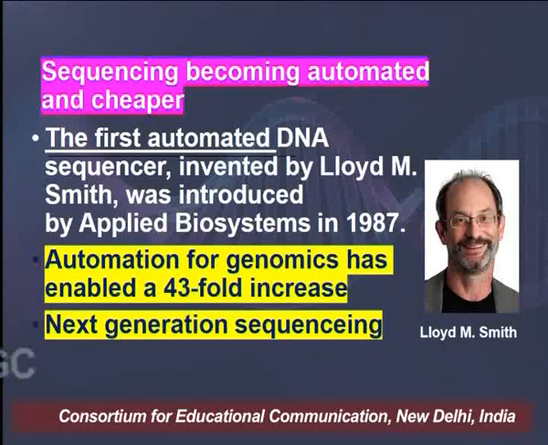It revolutionized things, and there was a 43-fold increase in the number of genomes being sequenced. Then the revolution which came again was because of next generation sequencing, which made it a very quick and very low cost affair.